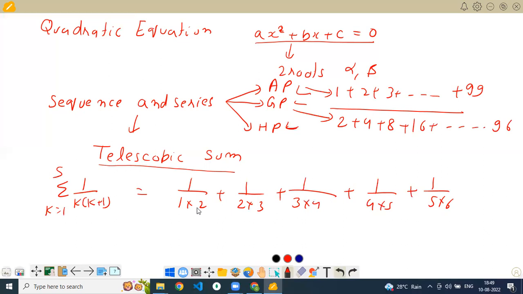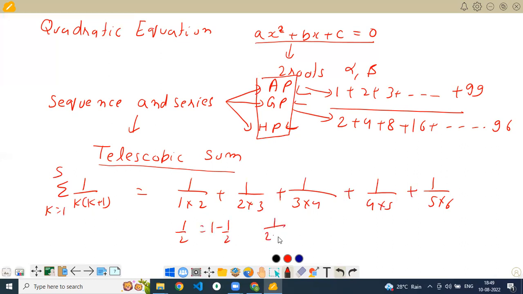And sometimes the series may become difficult also. We may require these formulas to solve it. Because it is given here, I'll tell you, I can write half as 1 minus half.